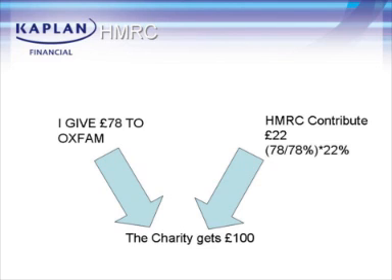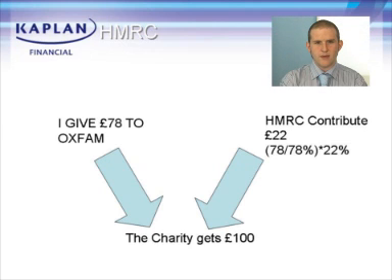So I give £78 to the charity. Her Majesty's Revenue and Customs say, okay, that has been taxed. So the £78 is after 22% tax. So all they're going to do is say the £78 represents 78%. So therefore, divide 78 by 78% and times it by 22%, which will give me the tax amount.